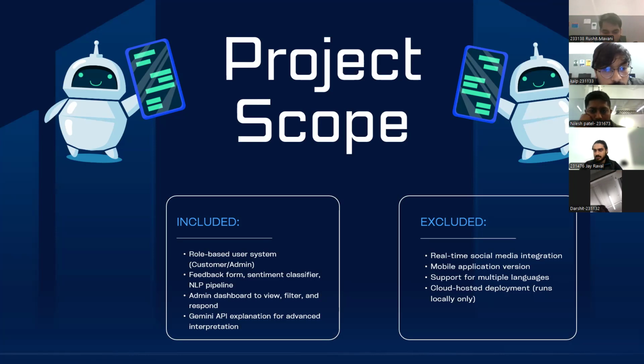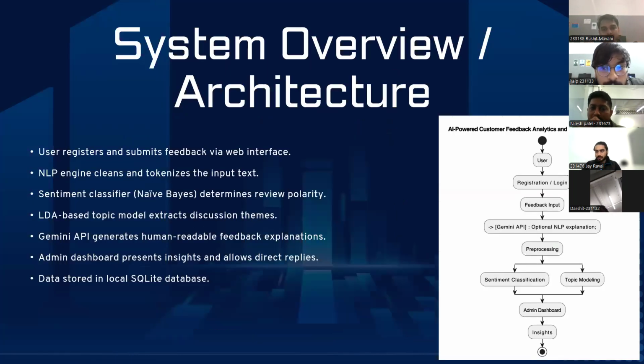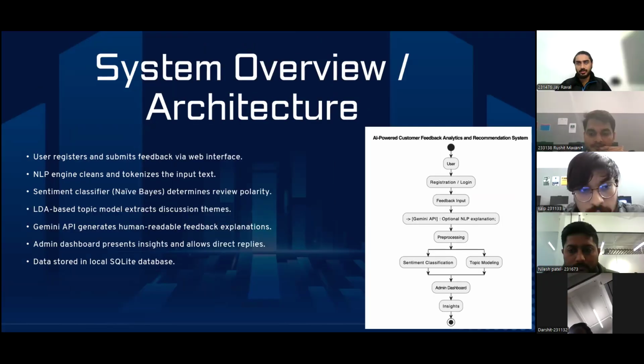So, yeah, let me walk you through how the system works now. Let me give you a small overview. Users start by signing up and submitting their feedback through the interface, as you can see. That feedback goes through some cleaning and tokenization. Then it's analyzed using a sentiment classifier and topic modules.